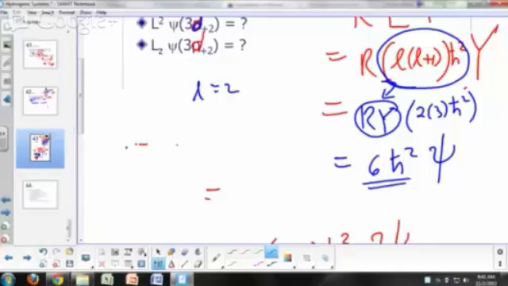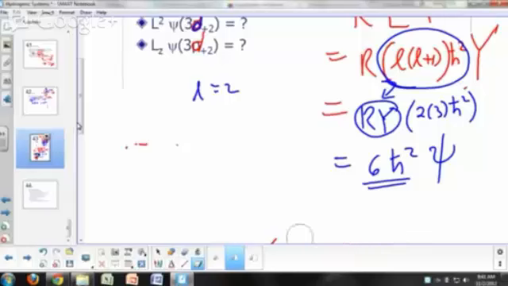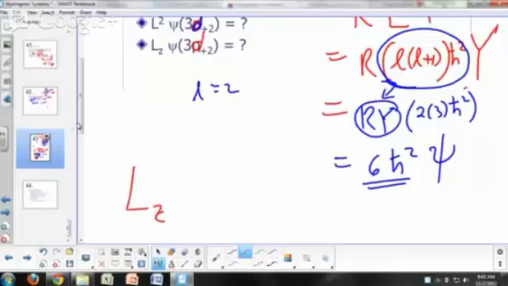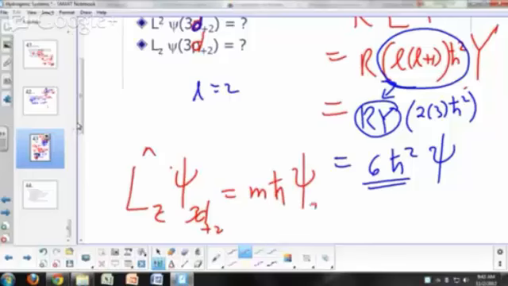Okay, so we say that these atomic orbitals have a well-defined magnitude of angular momentum equal to the square root of L times L plus 1 h bar squared. And they have a well-defined z component, which in this particular case is L sub z operating on psi 3d plus 2, which will just give you m h bar times psi 3d plus 2. And your m in this case is just plus 2.